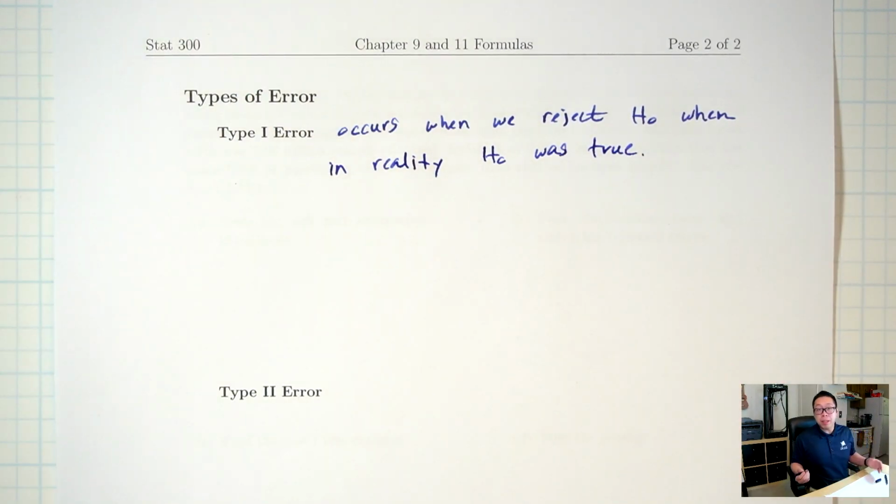So we made a mistake, right? We rejected H0 when in reality H0 was true. In other words, the data, the sample is telling us to reject when in reality H0 is true. So what's the probability of this happening?